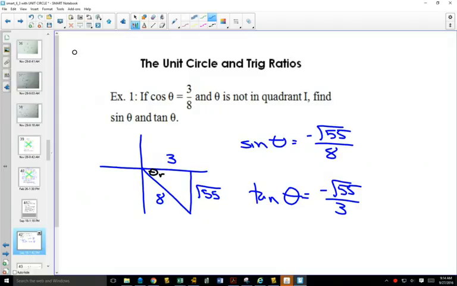And so drawing the triangle can get you those ratios, and that's why that strategy is super important, because it can get those answers easily. That doesn't mean that's the only way to solve for this. You could have gotten sine because you know that sine squared plus cos squared equals 1, and you could solve for sine that way because you know cos.